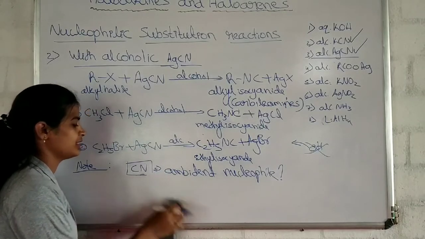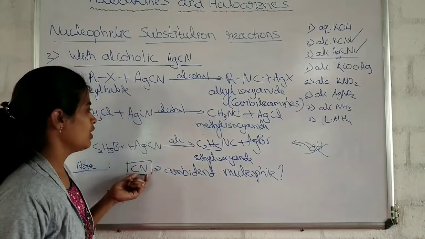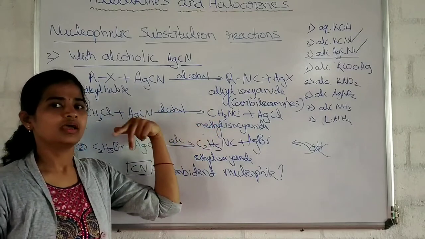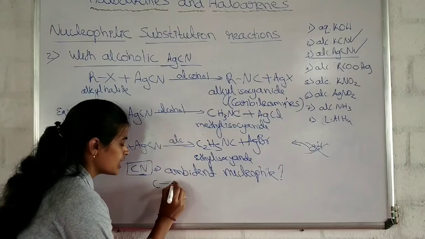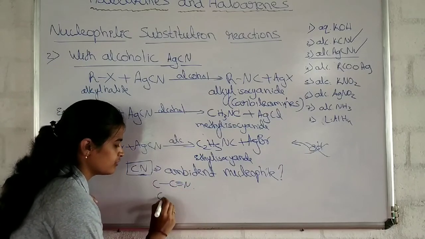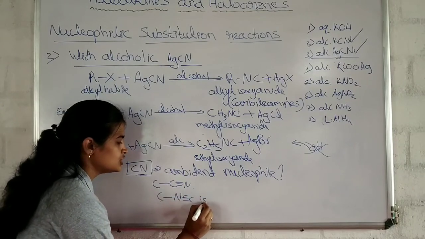When the carbon atom directly attaches to the carbon atom, it will be cyanide. But when the nitrogen atom attaches to the carbon atom, it is an isocyanide.